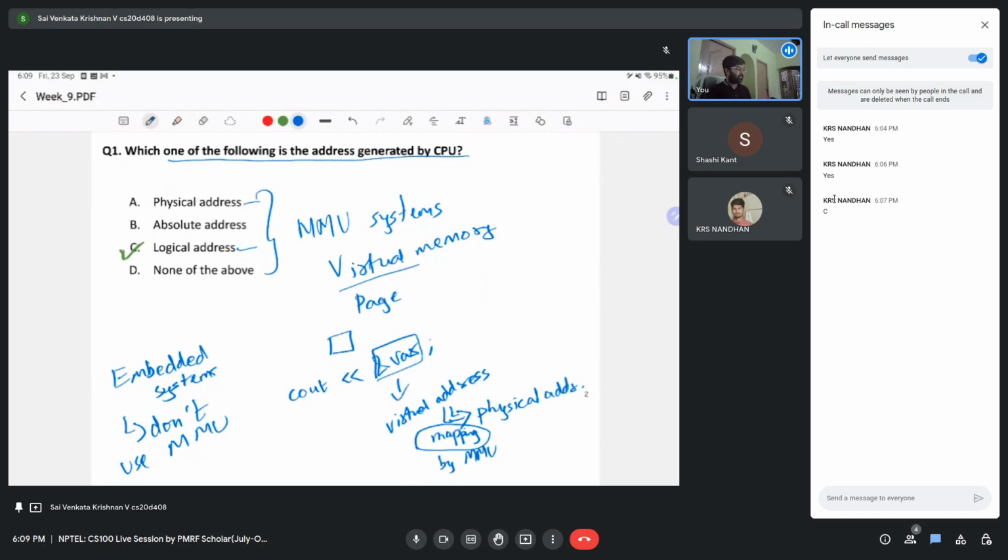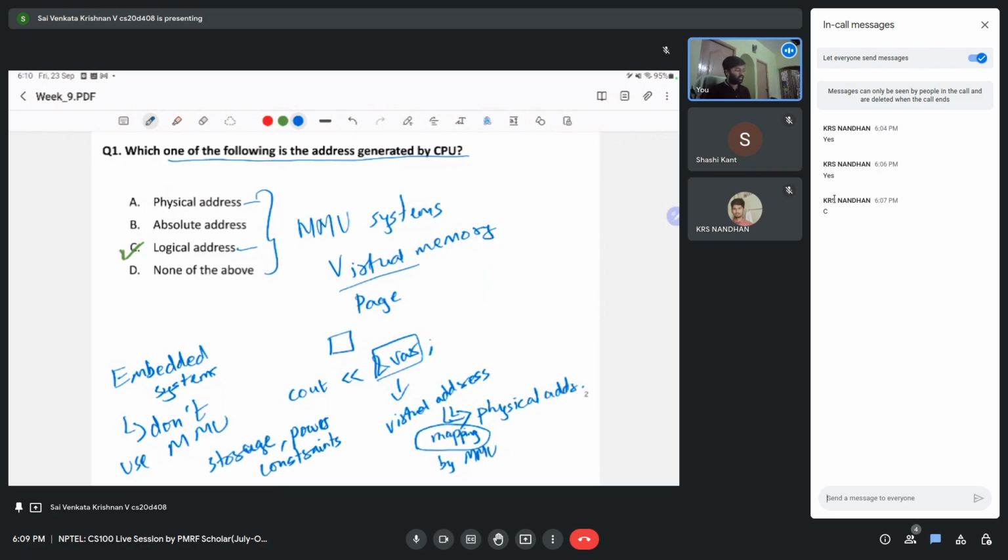In embedded systems, the battery, storage and power constraints would all be there. So in these scenarios, they typically don't use the MMU.